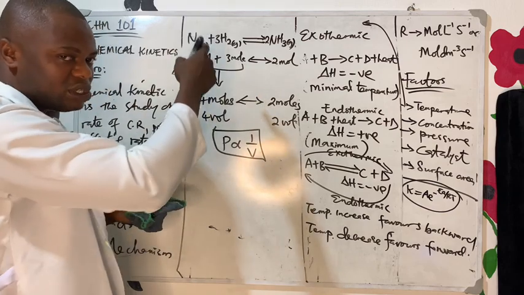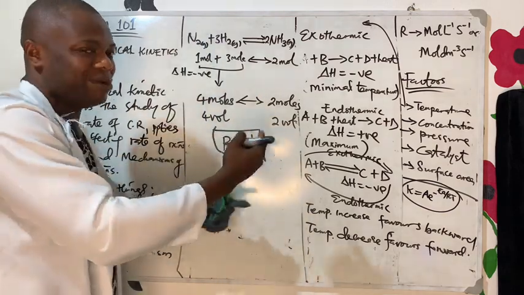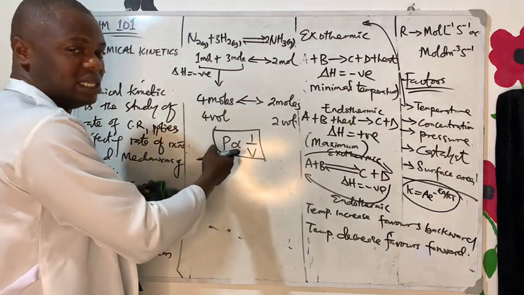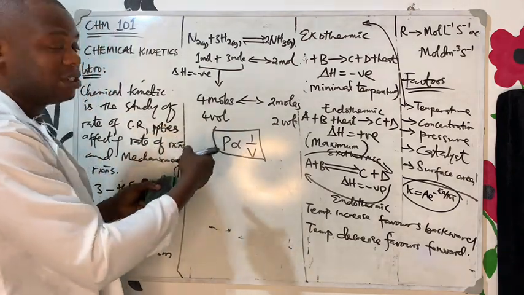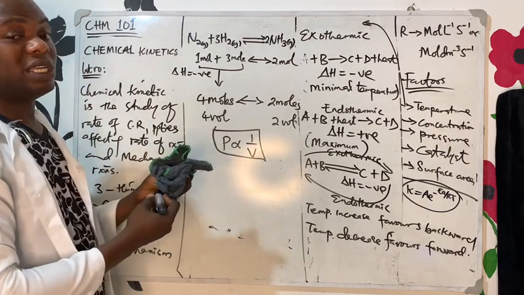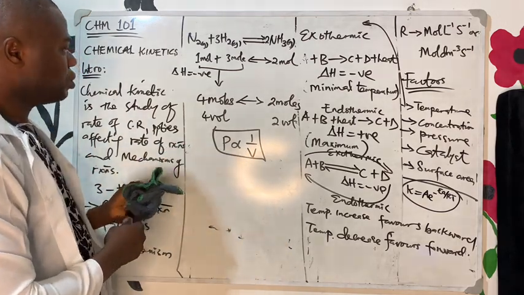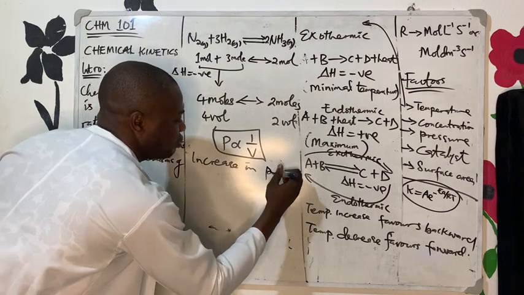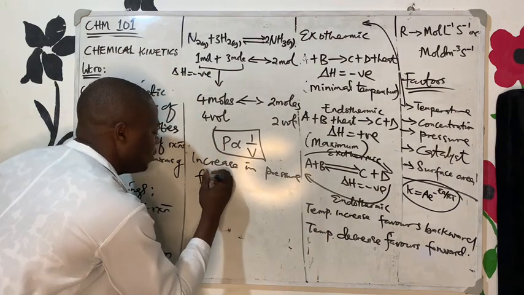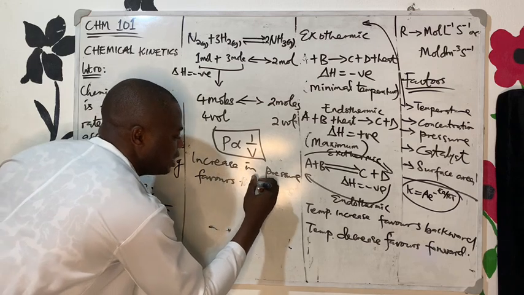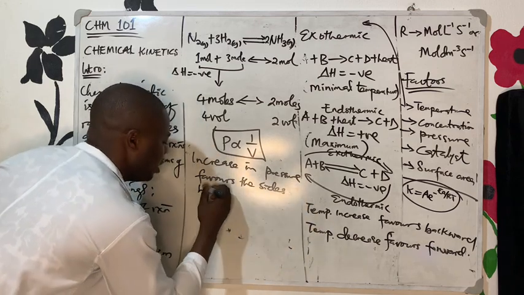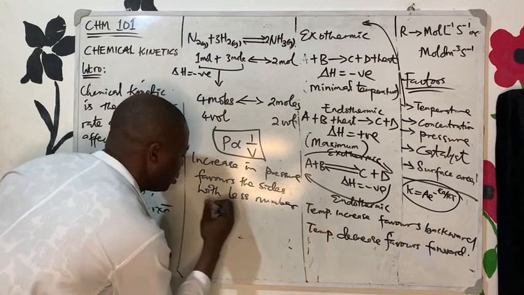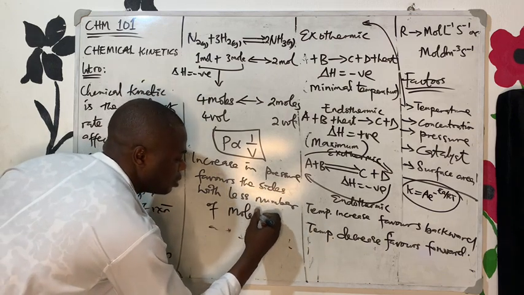So an increase in pressure must be in the direction of decreased volume. That is what I want you to get. Why? A decrease in volume must be in the direction of increased pressure, or an increase in volume must be in the direction of decreased pressure. So, look at this, an increase in pressure favors the side with fewer molecules.